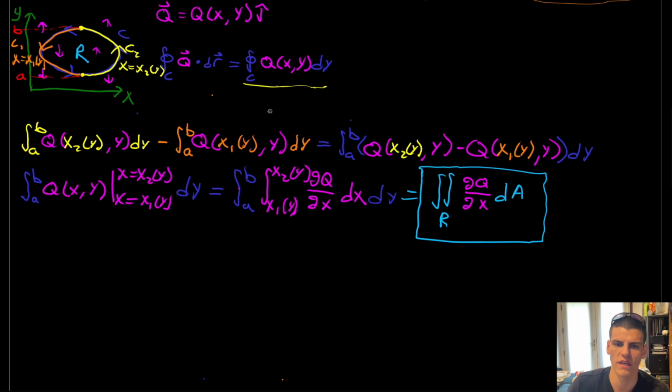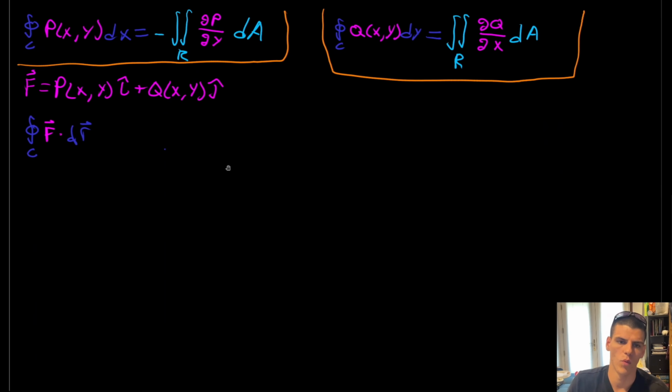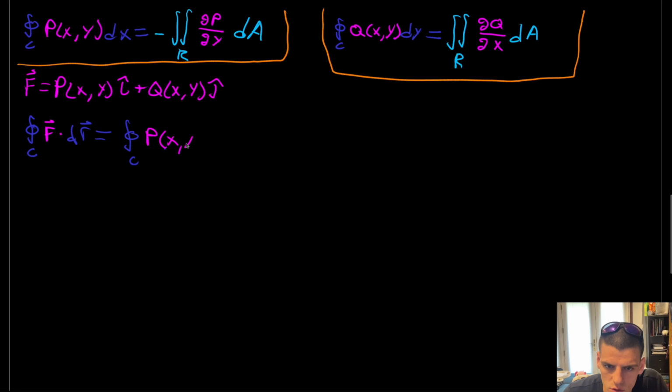So what happens when we dot that with this vector field here? We will rewrite our integral as the integral over the curve C, and now we have two components, so it's p of x, y times dx, and then we will add to that q of x, y, and then dy.